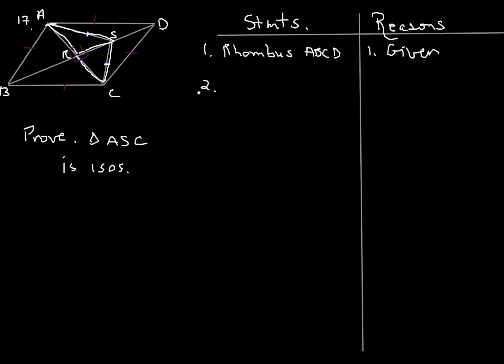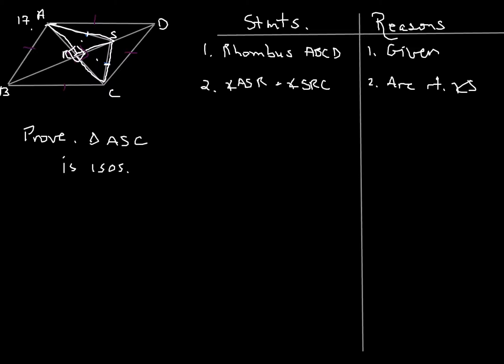So we have the rhombus. The first thing I would think is if we're going to prove these two little triangles are congruent right here and here, let's start with getting these angles. So we can say that angle SRA and angle SRC are right angles.